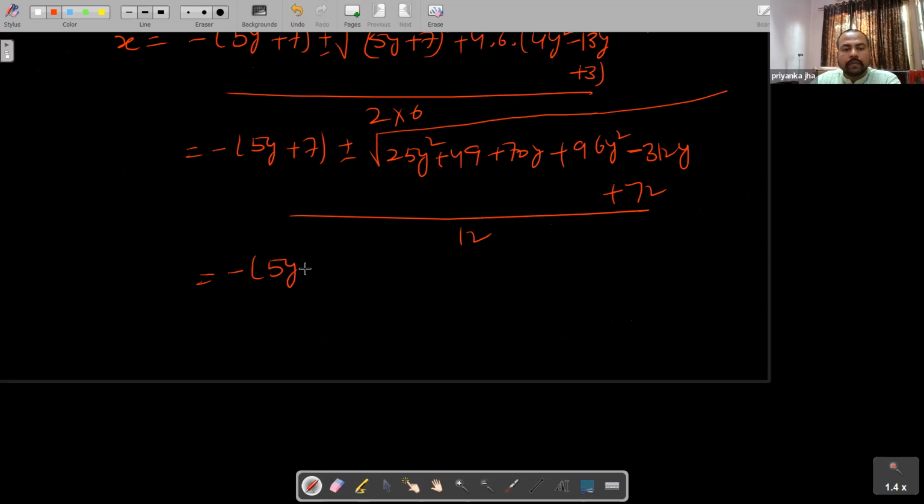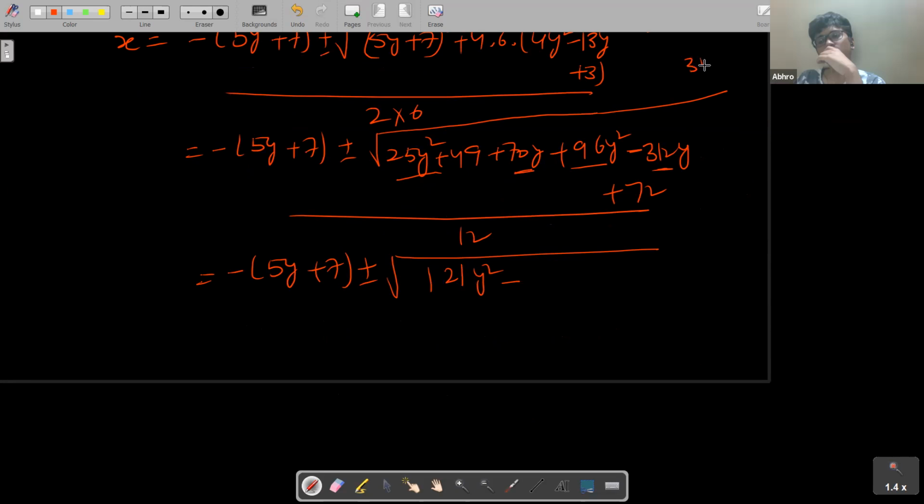This is minus (5y plus 7) plus minus under root of this and this. How much is it? 121y square. And here it is 70y minus this, so this is minus how much? 242y.